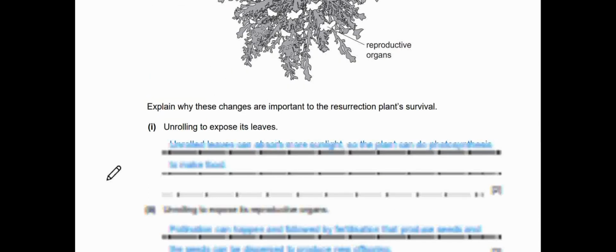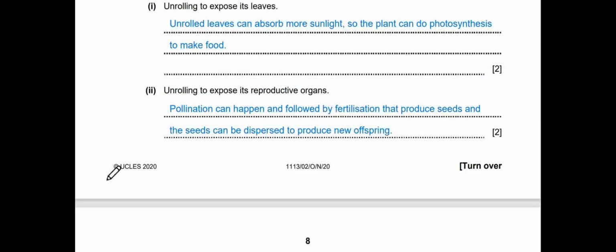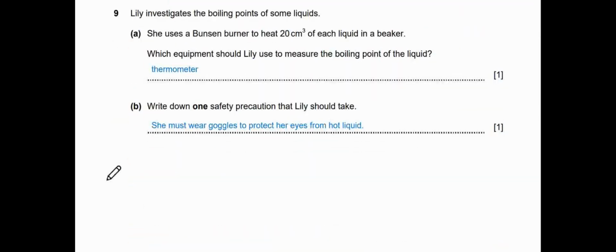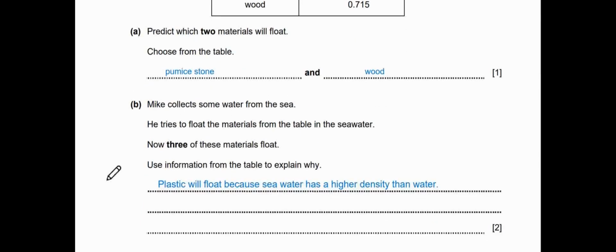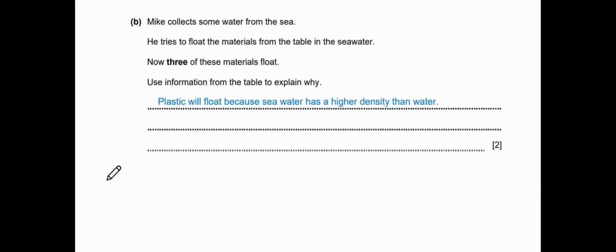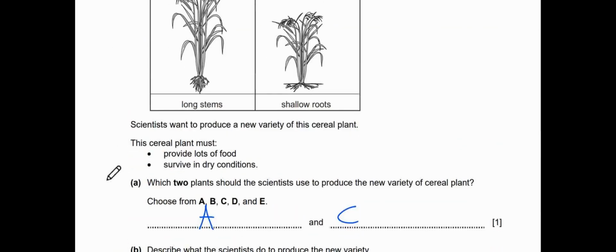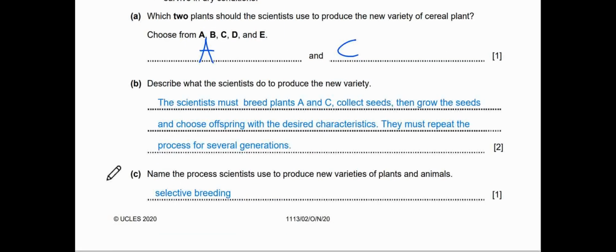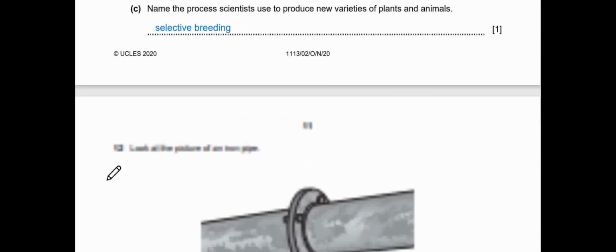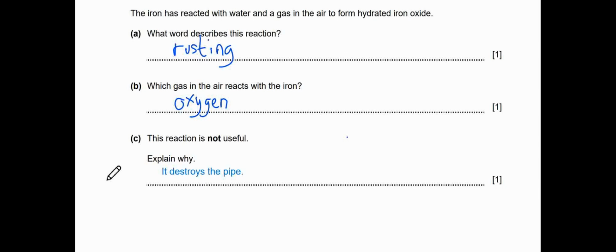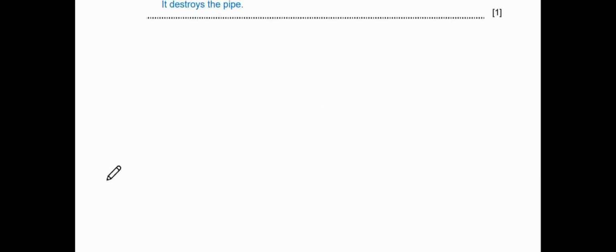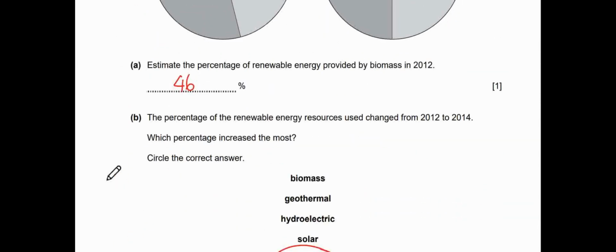And followed by question 8A and 8B. Next is question 9, A and B, and followed by question 10A and 10B. Then we move on to question 11, A, B, and C. Next we move on to question 12, A, B, C, and question 13.